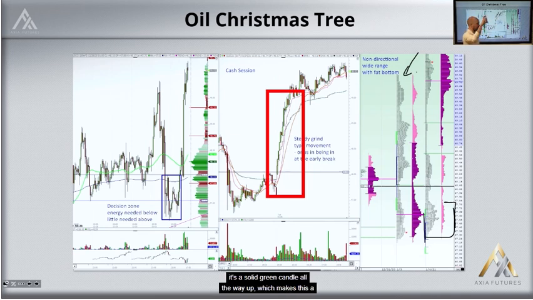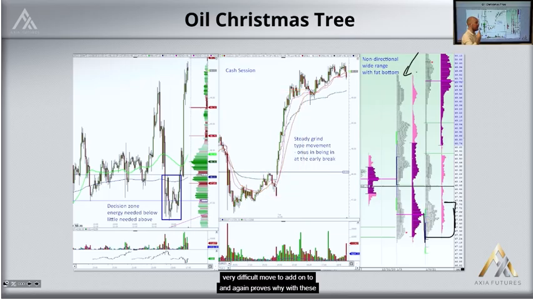It's a solid green candle all the way up, which makes this a very difficult move to add on to, and again proves why with these Christmas tree type profiles, the important aspect of a trade is to make sure that you are in early on, so that as it does the steady move up with limited pullback, as people steadily get out of positions as they're pushed against, you are able to maximize your trade there, because trying to add on after it's going is extremely difficult.